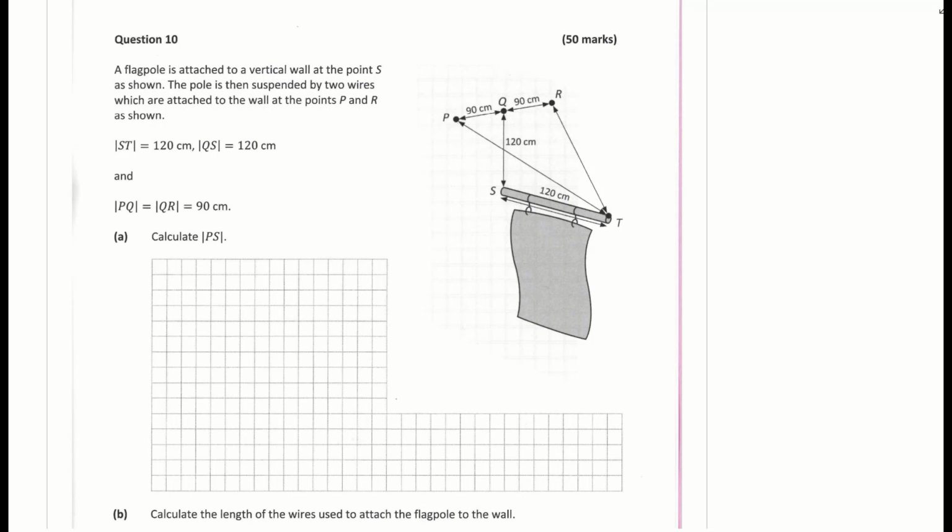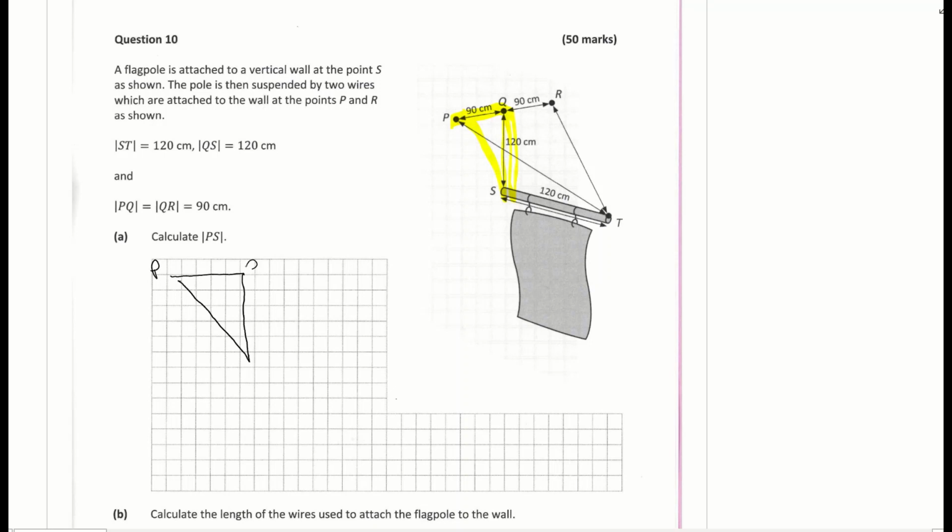So what I'm going to look at there is the triangle PQS. I'm going to make a triangle out of this. Just make sure that you're trying to picture it in 3D here. This is all on the wall, so P, Q, and S are all on the wall. I'm going from P to Q down to S, making that triangle out of it.